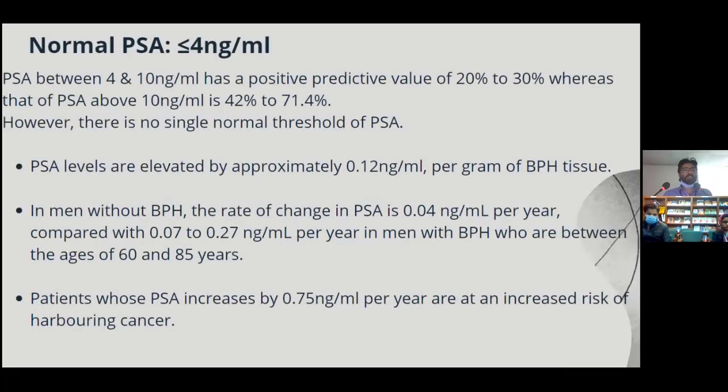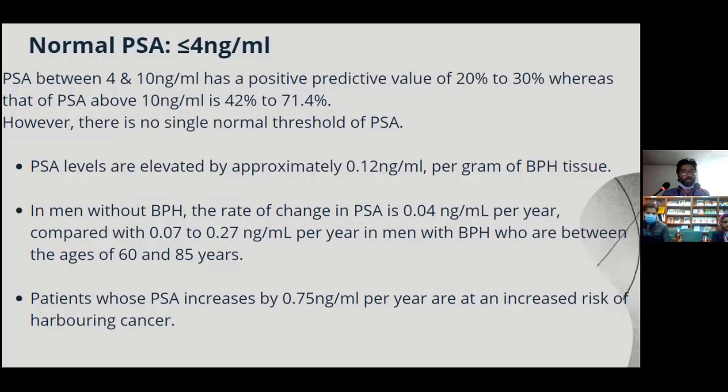Normal PSA is said to be less than or equal to 4 nanograms per ml. PSA between 4 and 10 nanogram per ml has a positive predictive value of 20 to 30%. Then that of PSA above 10 nanograms is 42% to 71%. However, there is no single normal threshold of PSA. PSA levels are elevated by approximately 0.12 nanogram per ml per gram of BPH tissue.